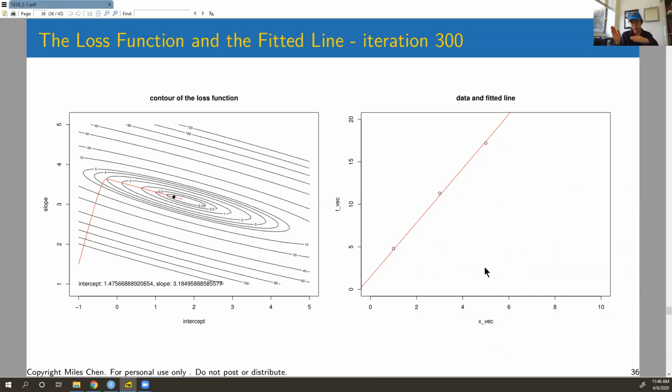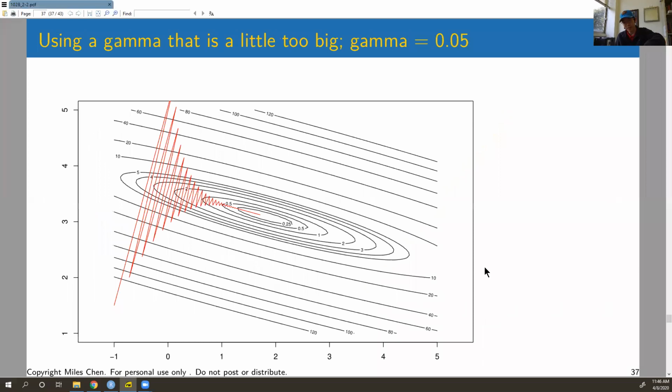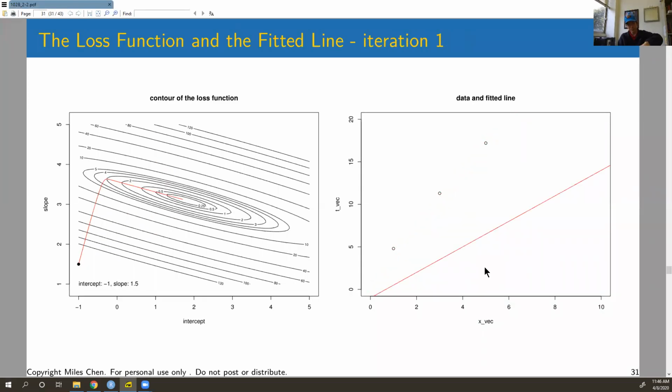As far as what's happening, we're adjusting the slope and we're adjusting the intercept, and we're trying to get the line to fit the data as well as we can. When we do that, our location on the loss function changes, and we want to get as minimum as possible.